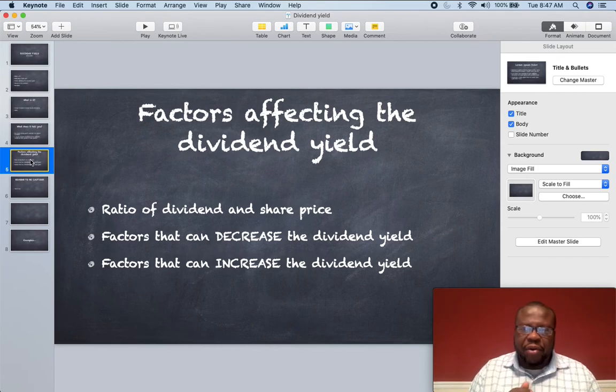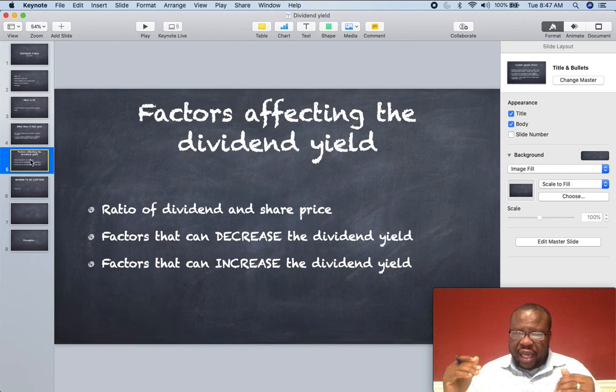So look at some of the factors affecting the dividend yield. We said the dividend yield is a ratio, right? It is the annual dividends divided by the share price. So it's a ratio, and there's two components. You have the numerator, which is the annual dividend, and the denominator, which is the share price.